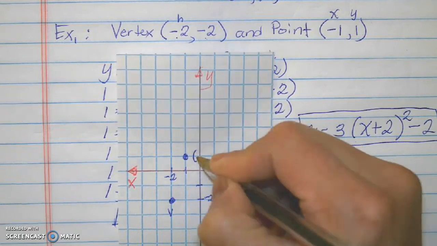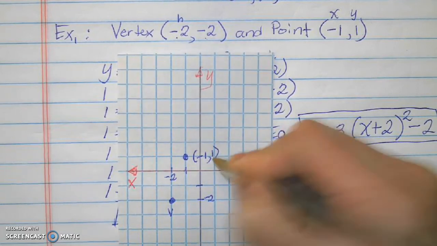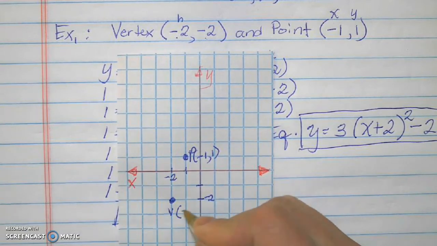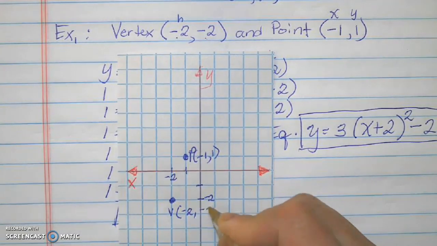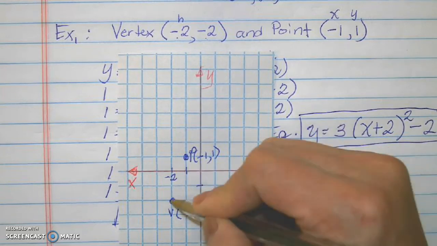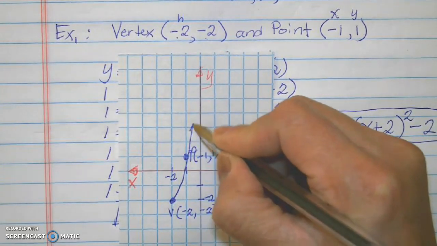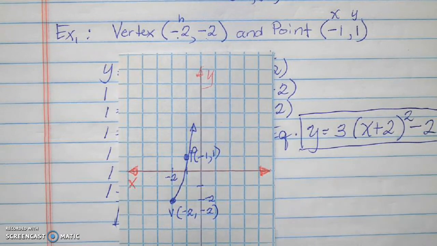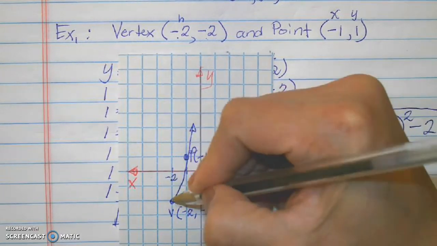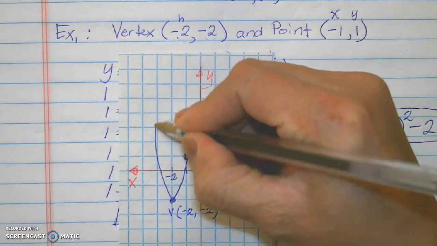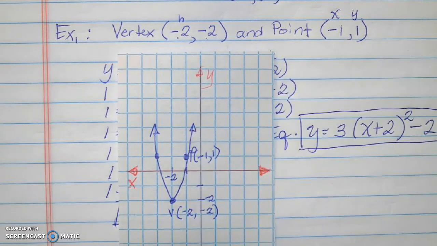So that's your -1, 1. This is your point, and that is your vertex, which is -2, -2. Your parabola or your function looks like this, the other half. Now, we all know that it is symmetrical, so we can just approximate and say that the other point would be on this side. So that is your graph.